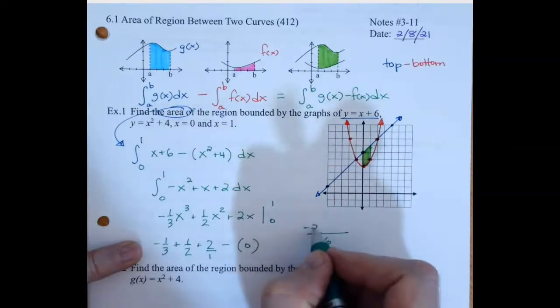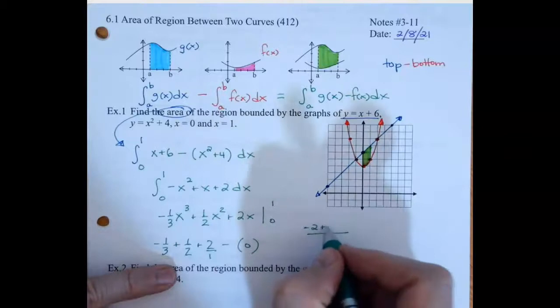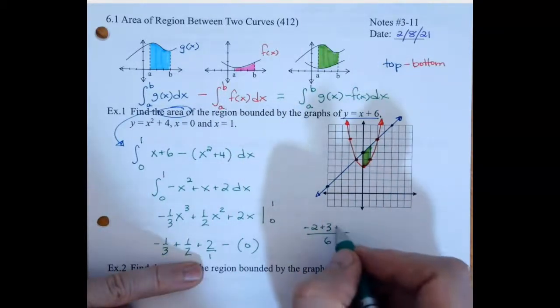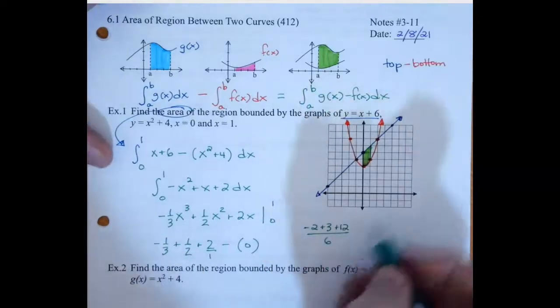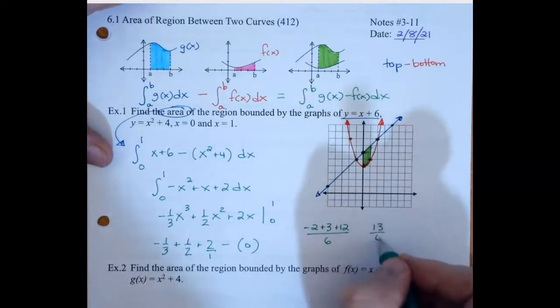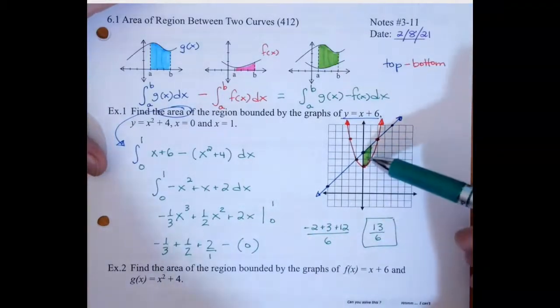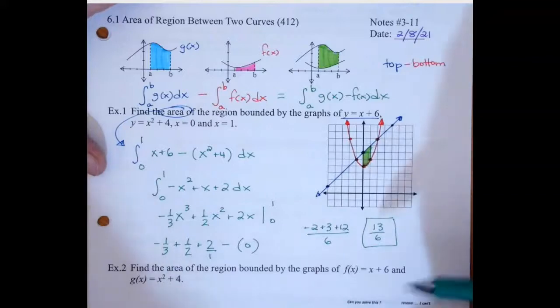So that's going to be negative 2. This needs to be multiplied by 3 over 3. And this needs to be multiplied by 6 over 6. That's going to be 12. So that's going to be 13 over 6. So that's the area. That's 2 and 1/6. And there's 1. And you see that it's a little bit more than 2 squares, which would make sense, 2 and 1/6.